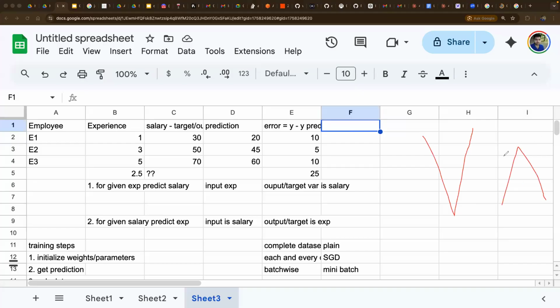Both of them are non-differentiable at this particular point, right? So we prefer functions which look something like this, with a smooth transition. Rather than y minus y pred, if we do y minus y pred whole square, then the function becomes parabolic.